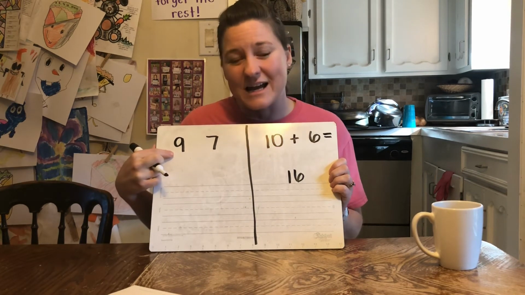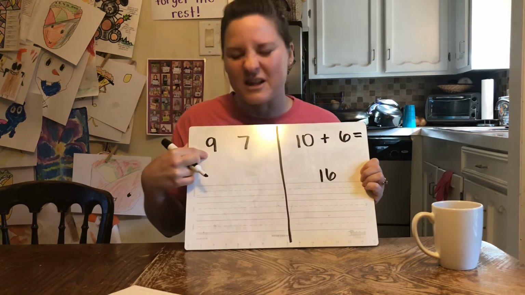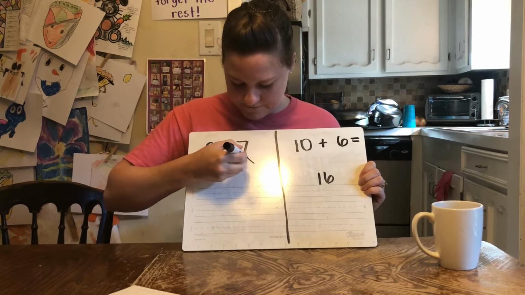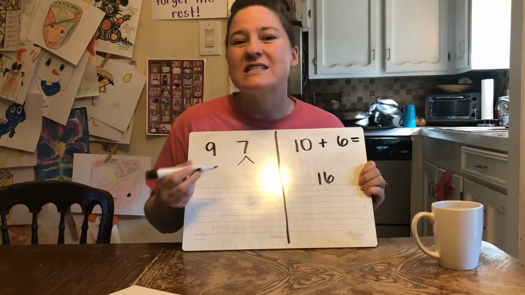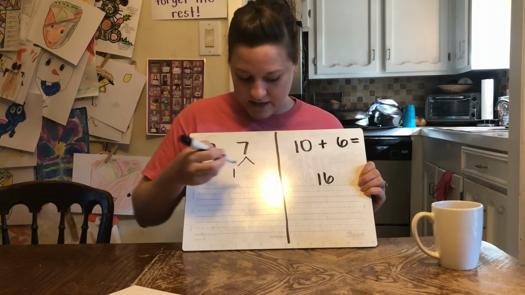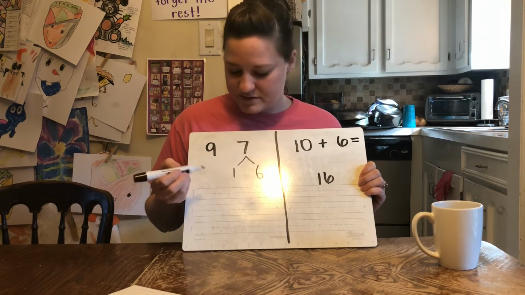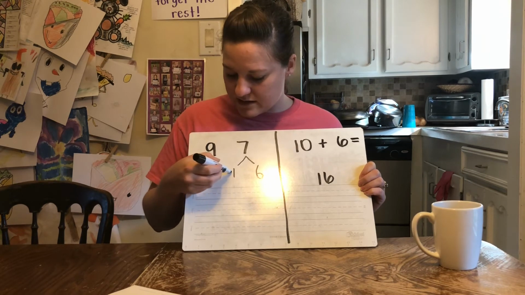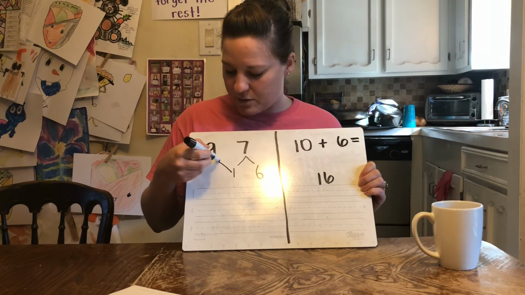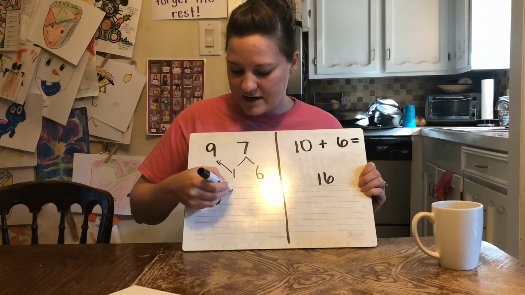Now, to figure out Nicholas's, we're going to use that same strategy we've been using. We're going to turn this 9 into a 10 because it's really, really close. So what we're going to do is we're going to split up this 7. We're going to take 1 away from the 7, and that will leave us with 6 left. And then we'll just put some things together. So this 1 is going to go over here to this 9. That's going to become 10.